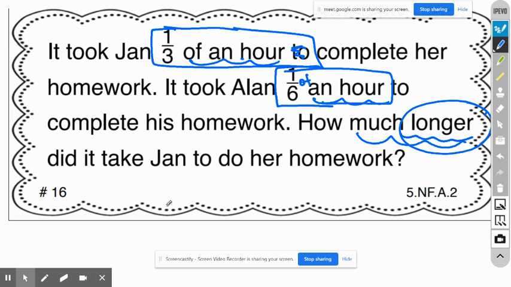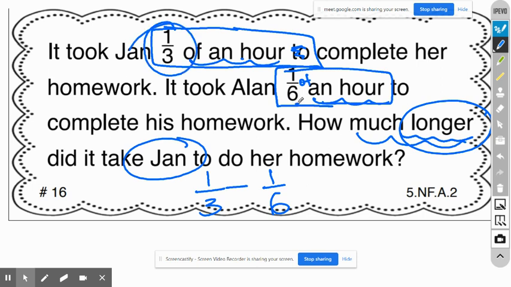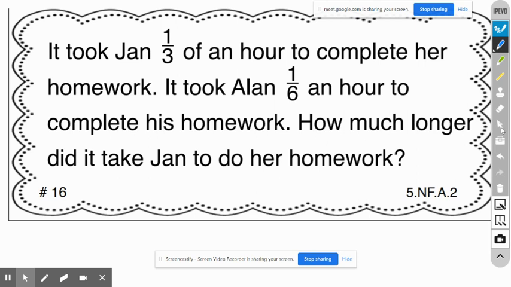Just what order would you write the subtraction? It's greater, right? And also it tells you in the problem, how much longer did it take Jan? So we know she took longer than this. 1/3 is indeed greater than 1/6. Then find a common denominator, change your numerators, then you are able to subtract. You have videos in Google Classroom.